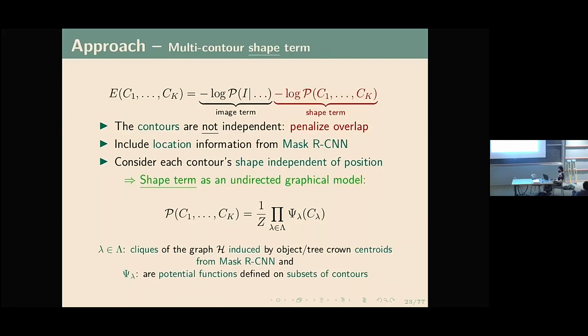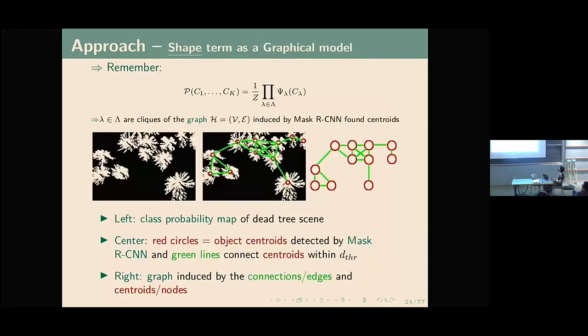The joint probability may be expressed as a product of potentials defined on a subset of contours, which reflect the conditional dependency structure between them. These conditional dependencies can be represented by a graph H, which is induced by the segmentation that we have gotten from Mask RCNN.